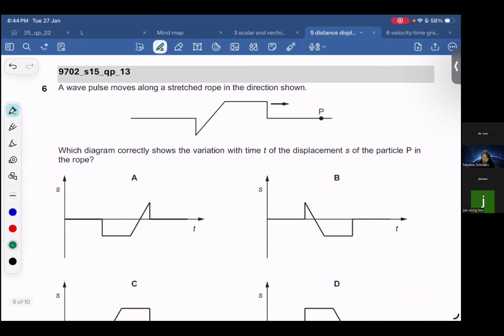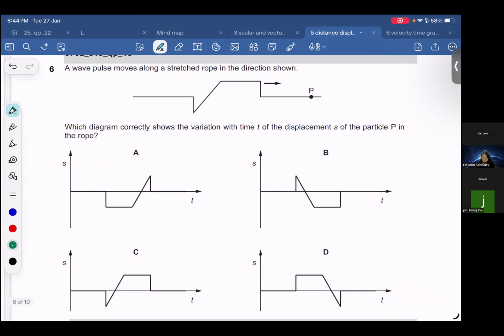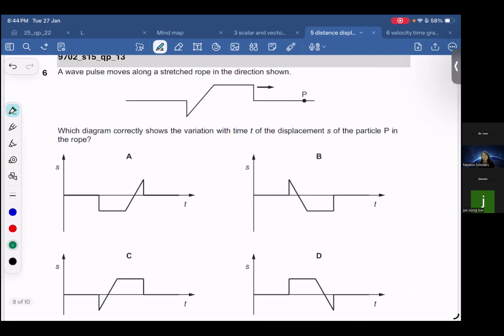Question number 6. Okay, read it and then you try and tell me your answer.